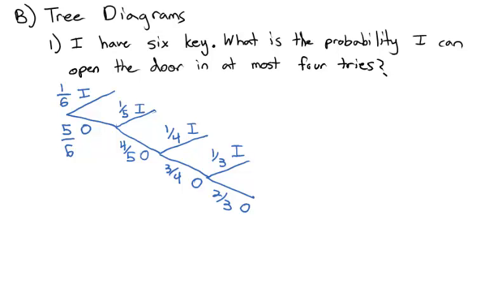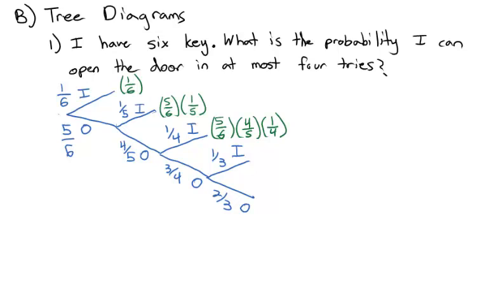Now we can go down a branch to figure out each branch's probability. In on the first try, that's 1/6. In on the second try, that's 5/6 times 1/5. In on the third try, that's 5/6 times 4/5 times 1/4.